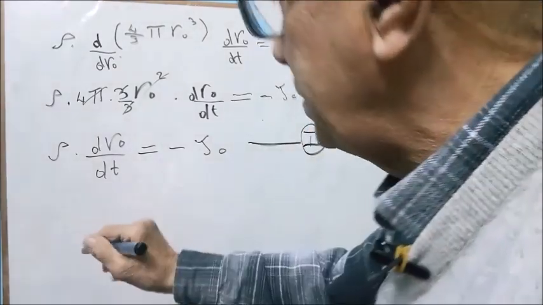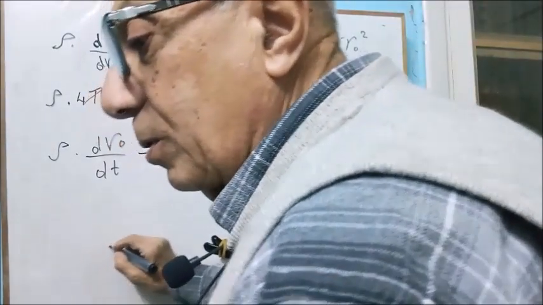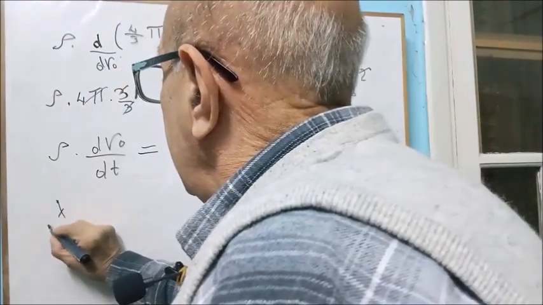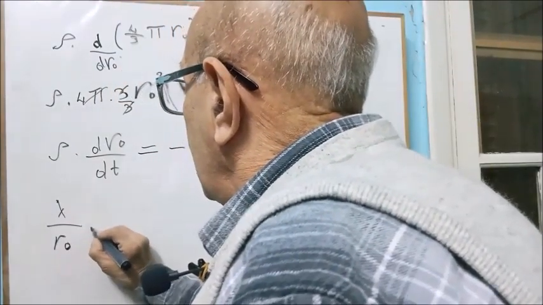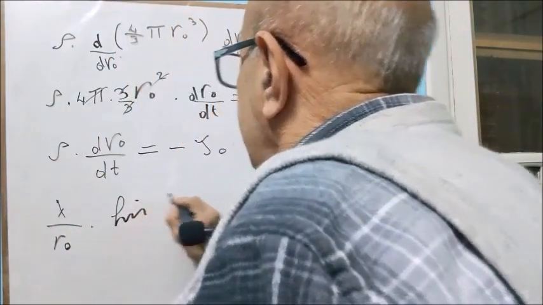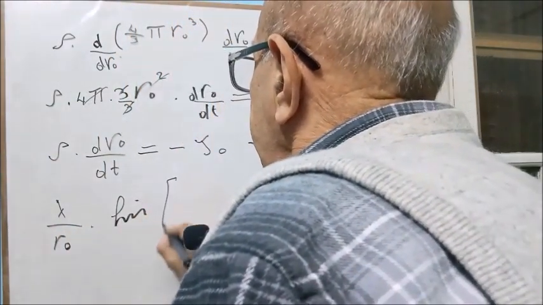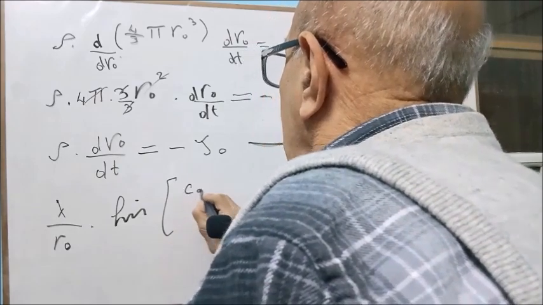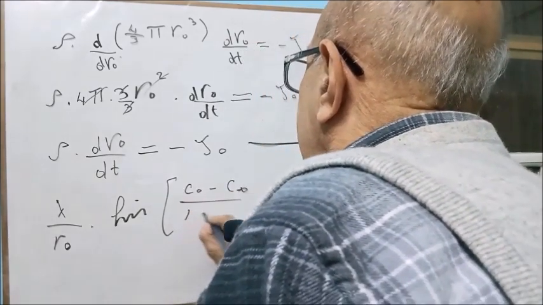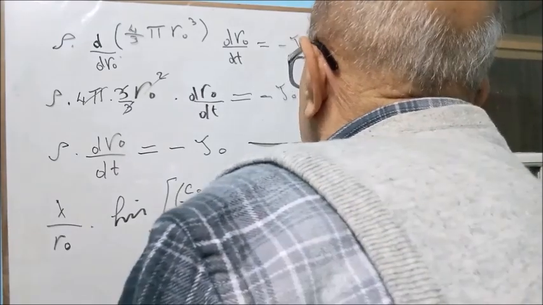But if you remember, we have got the previous relation, which is lambda over R0 into ln of (C0 minus C infinity over 1 minus C0) plus 1.